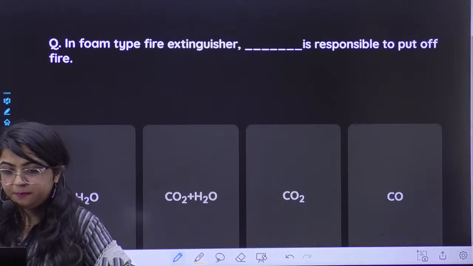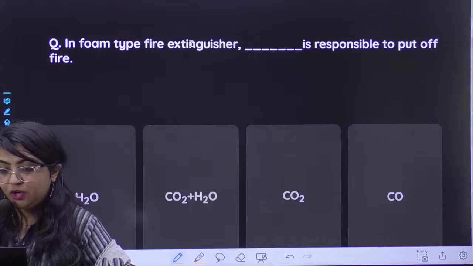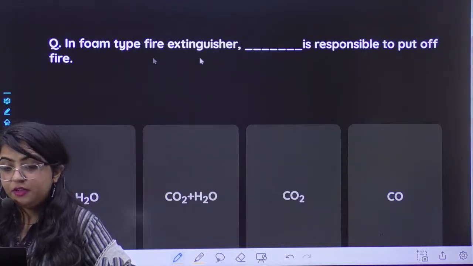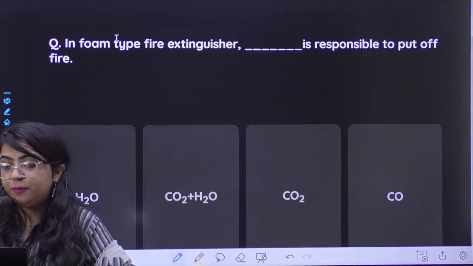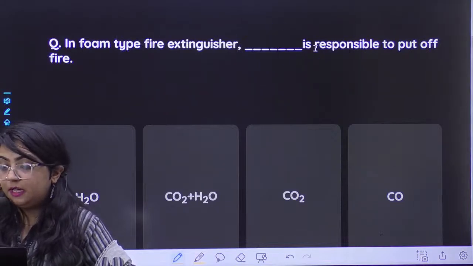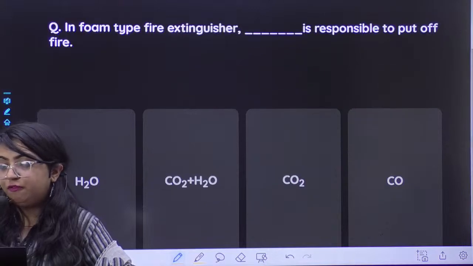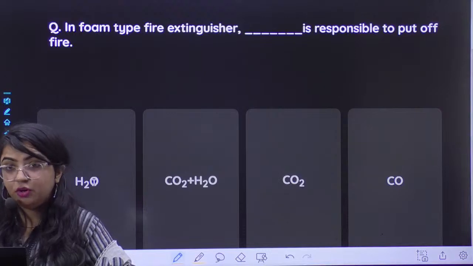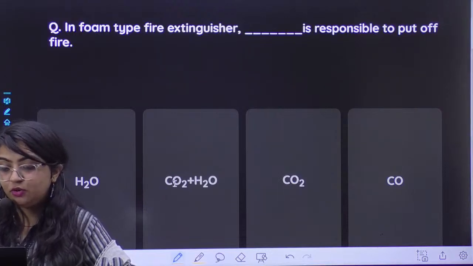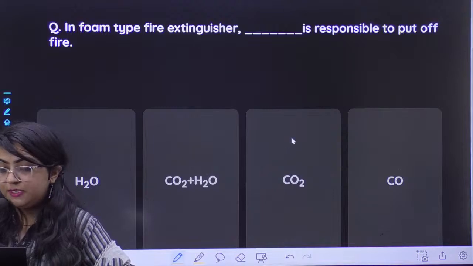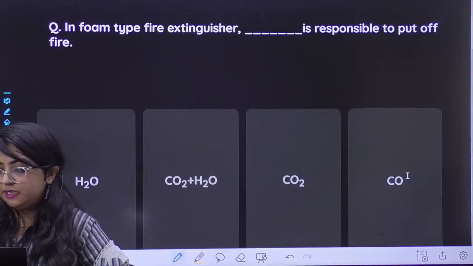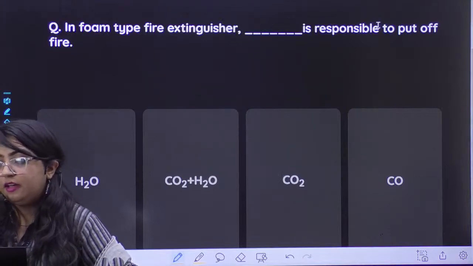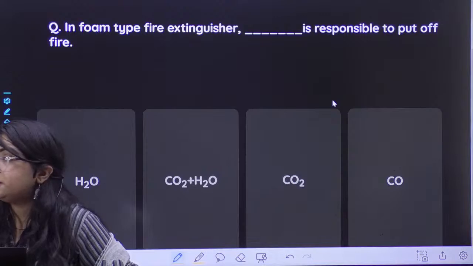Next question is, in foam type extinguishers, dash is responsible to put off fire. So the extinguishers which are of foam type, what is present in them that they are able to extinguish the fire? So option A is H2O, option B is CO2 plus H2O, option C is CO2 and option D is CO. So find out which is responsible for putting off the fire when we use fire extinguishers.